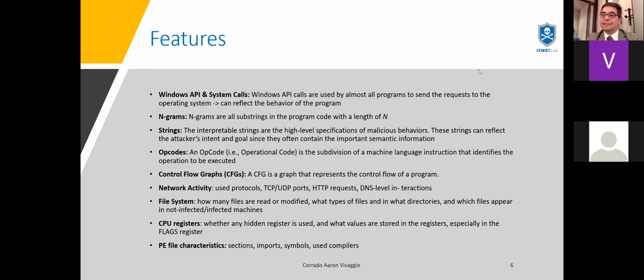In this slide, you can see just the main classes of features that are used, and you have to consider that each of these classes contains a lot of features. So we have a lot of Windows API and system calls. We have a lot of n-grams, and of course this causes a combinatorial problem. We have a lot of strings to take into account. We have a lot of opcodes and so on. So this is one of the problems.